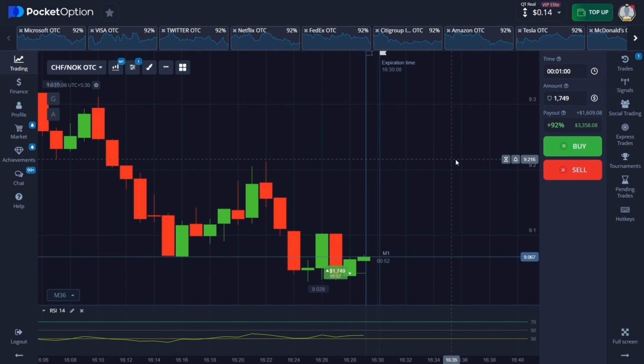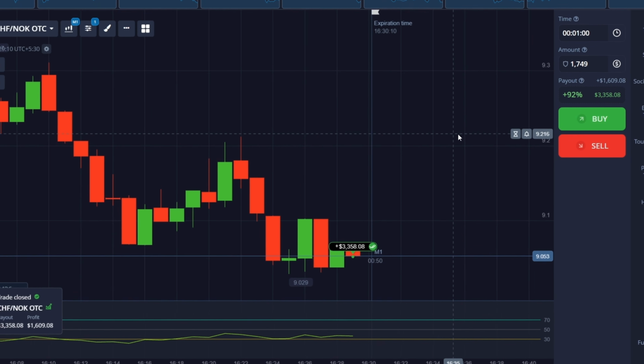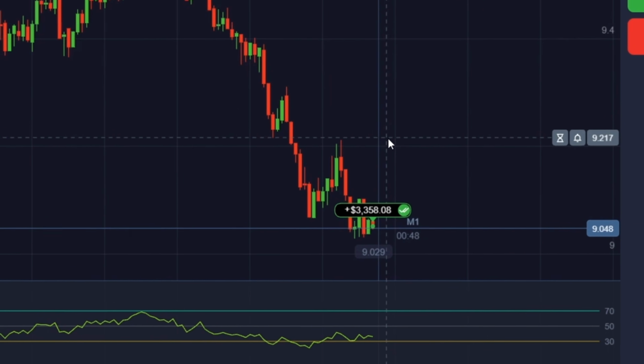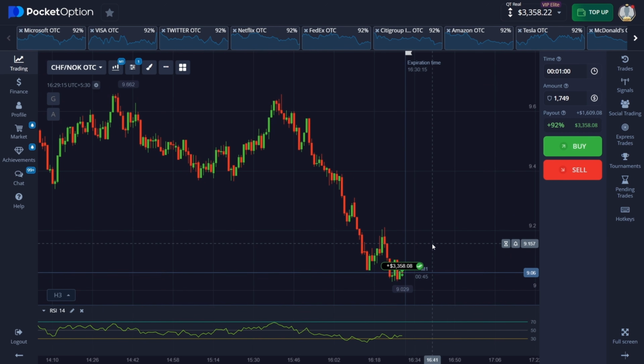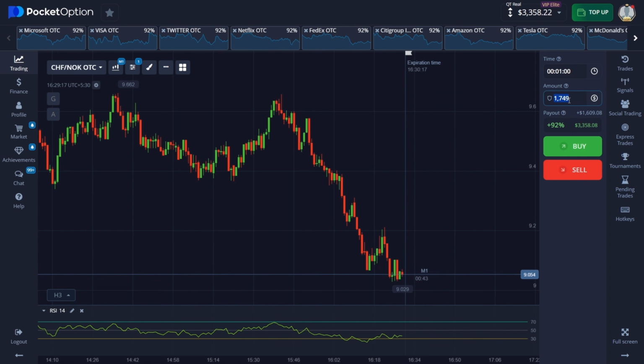Only 3 seconds left, and it's a win. So we won another trade, and now my balance has increased to $3,358. Let's find a trade for $3,358.